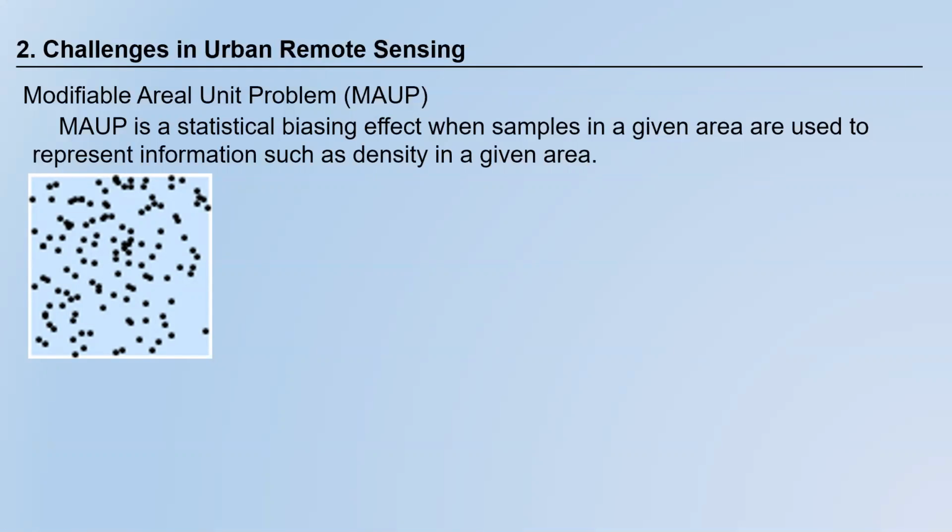I cannot say anything that is controlling or manipulating the spatial distribution of these dots. So your conclusion at this scale is that all these black dots are randomly distributed within the space.